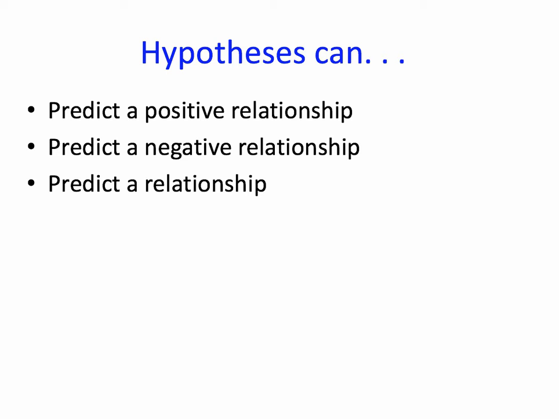And then as we did on the last slide, it's a negative relationship. So an increase in one concept relates to a decrease in the second concept. So we talked about maybe an increase in anxiety levels relates to a decrease in class performance. It's just an example. And then we also have just a basic relationship.